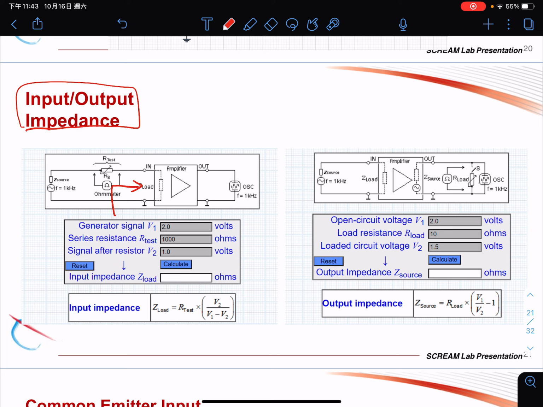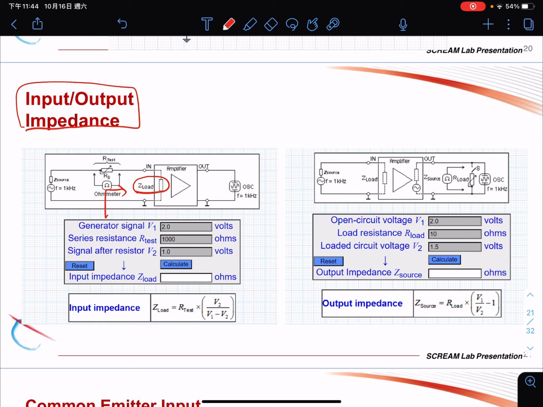And the amplifier has an input impedance like this, which is called Z load. For most circuits, if we know the internal structures, we can calculate its input impedance.